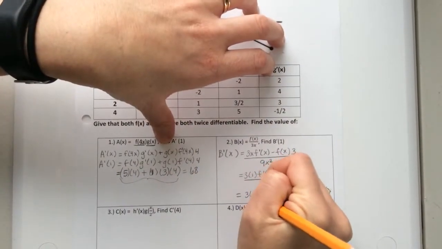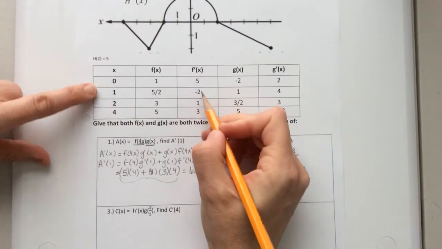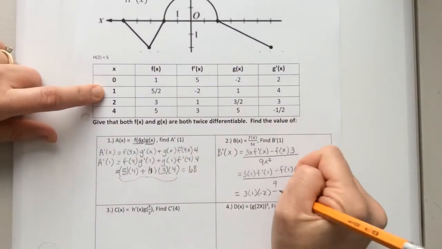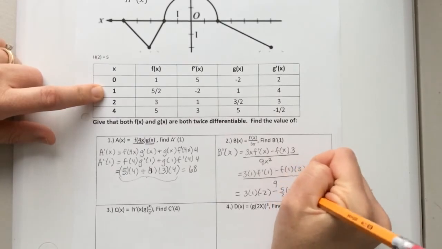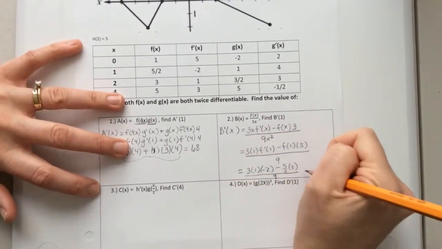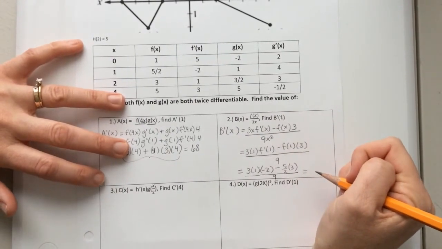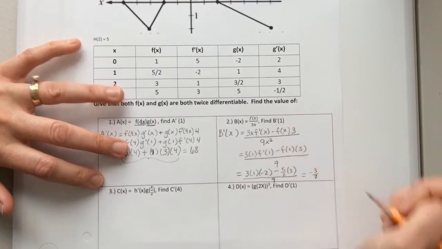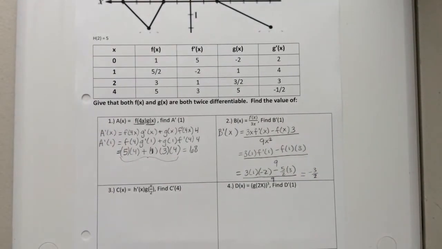So we get 3 times 1, f prime of 1 is negative 2, minus f of 1, and technically we could stop here. If you simplify that, you should get negative 3 halves.